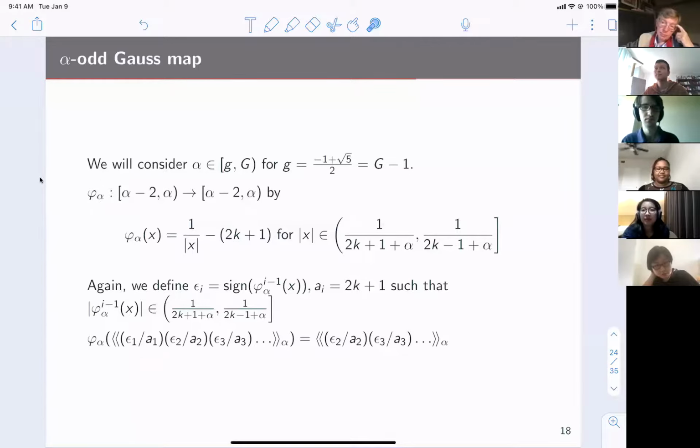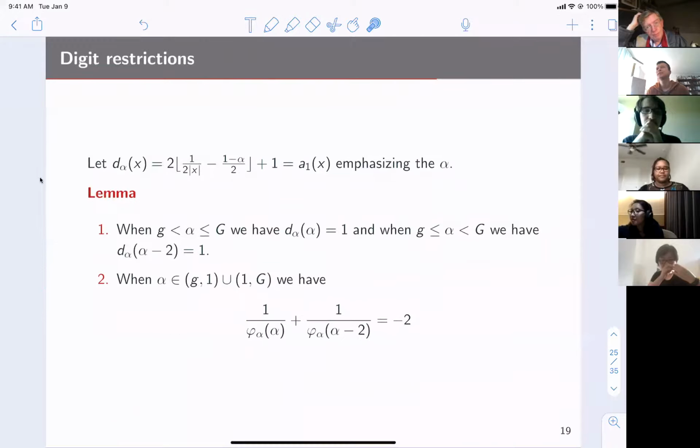So now we have this whole family where things work fairly similarly to what we had before. But if you want to extend things to ergodic theory results, invertibility is going to be a really nice tool. Oh wait, no, we need digit restrictions first.